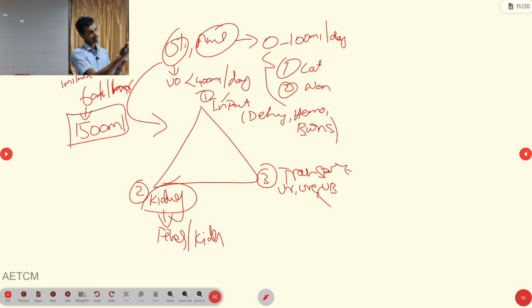For input, we already told how we can assess dehydration, hemorrhage and burns. For kidney function, there are in-hospital investigations, blood investigations, and some imaging tests if we want to identify kidney-related pathology. For the transport channel, stone-related things also, we have to get the person into definitive care.